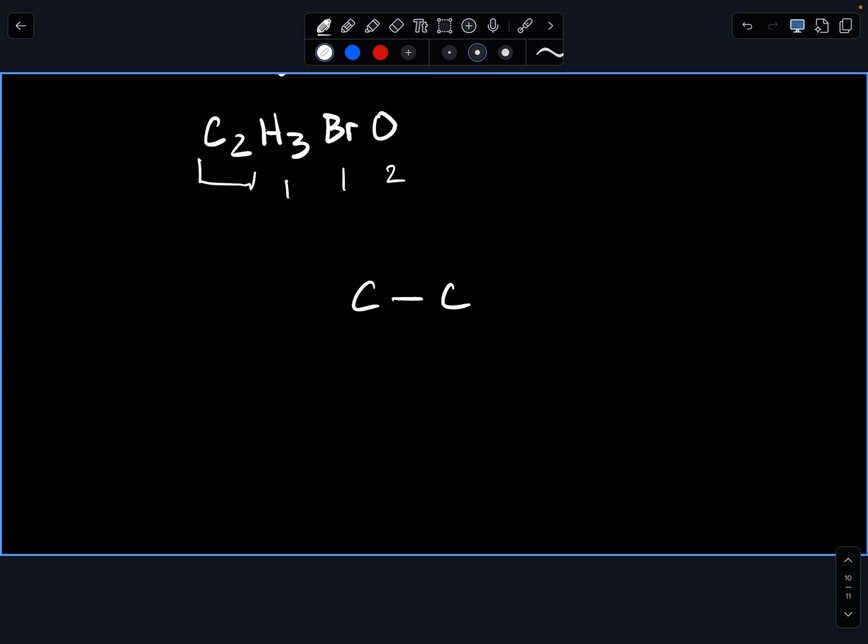There's lots of different ways we can draw this one. For the oxygen, you could imagine putting a double bond on here. The 3 hydrogens we can stick on the other carbon, like this. And you could also put the bromine over here. So that's a structure that fits the formula.